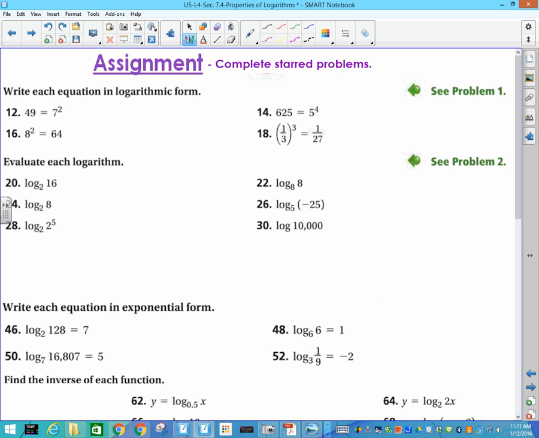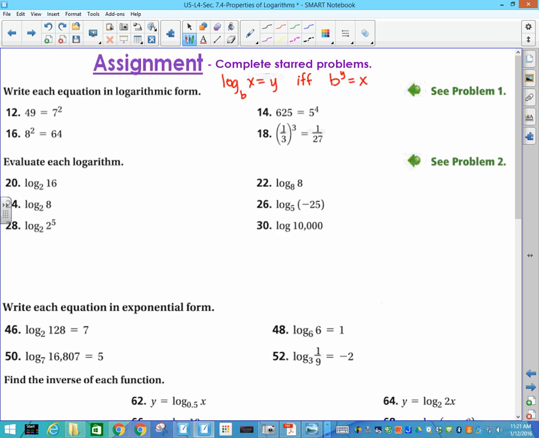Okay, so first off, write each equation in logarithmic form. So the key thing that you're needing to use here, okay, log base b of x equals y if and only if b to the y equals x.